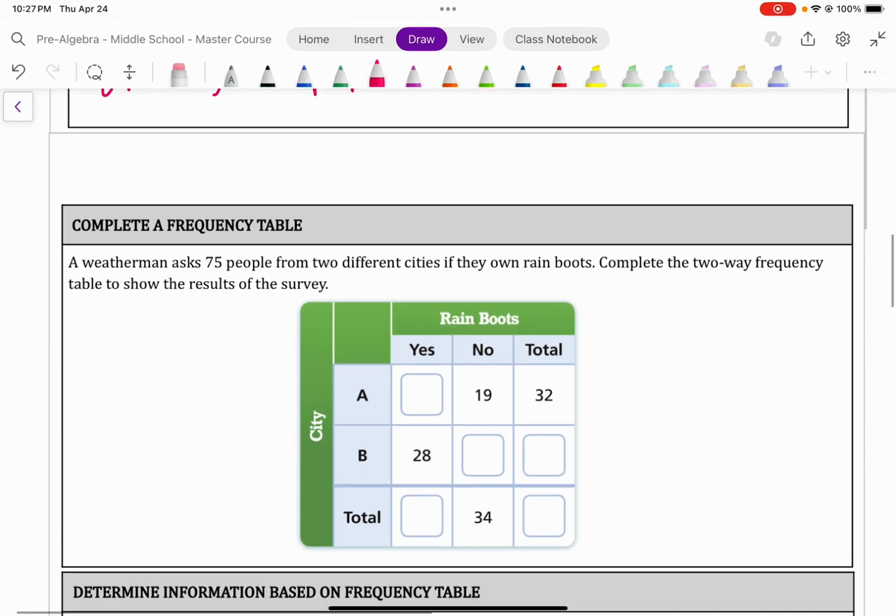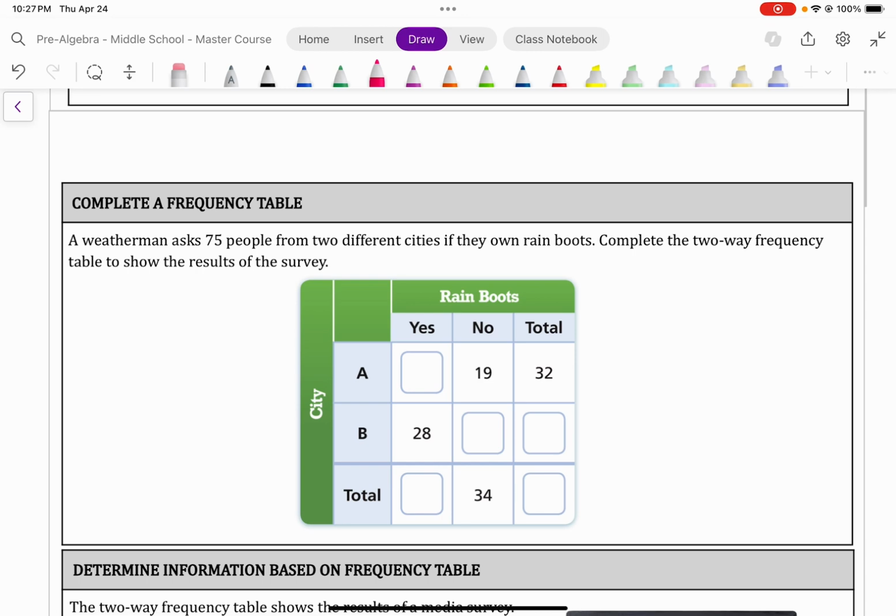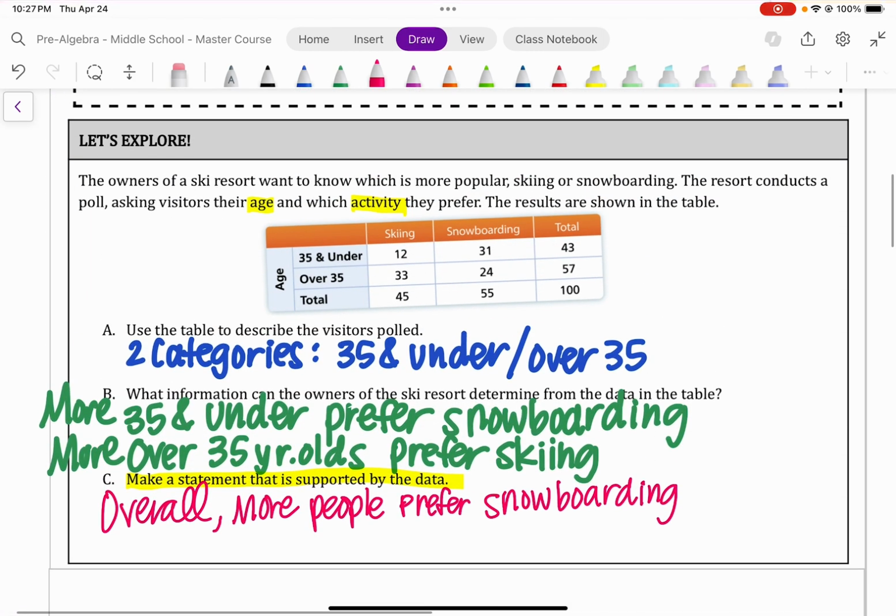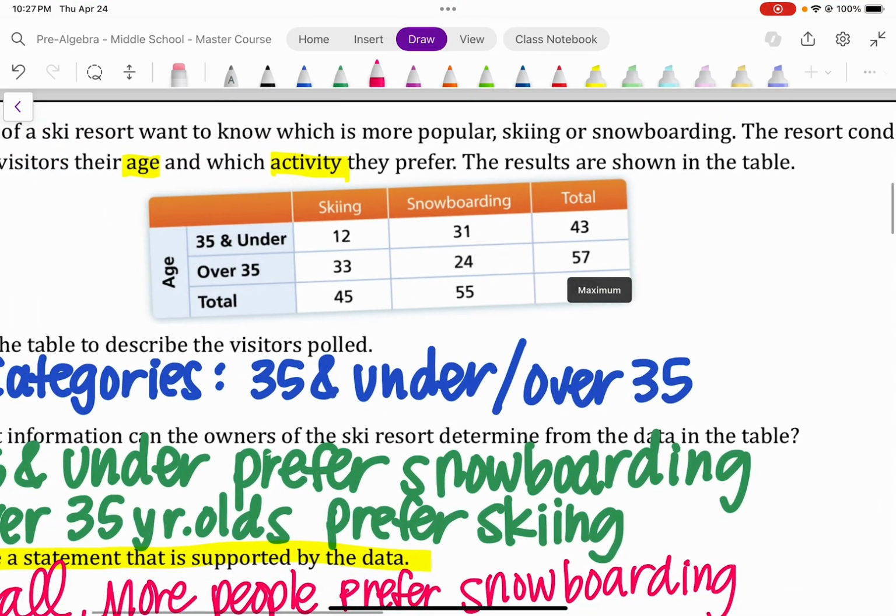Okay, now we're going to fill in a frequency table. So let's scroll back up and look at this one first. So if I'm looking at the age, there were 35 and under, and those were broken into people that like skiing and snowboarding. And that was a total of 12 that said skiing, 31 that like snowboarding.